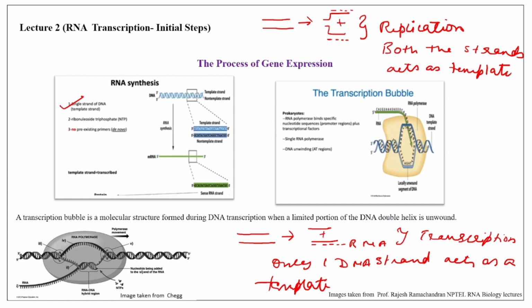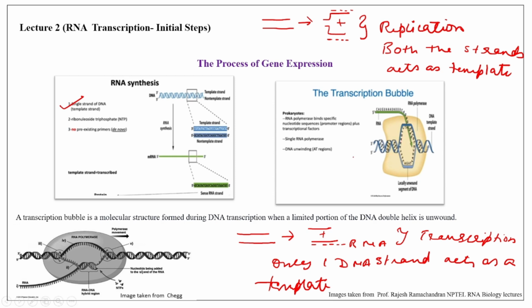Now the important thing to note over here is that within this melted region there are certain specific locations where RNA polymerase comes and binds. So RNA polymerase does not just come and bind anywhere. No, it has certain specific nucleotide sequences, which are known as the promoter region sequences, where the RNA polymerase binds. And here we are talking about eukaryotic transcription.